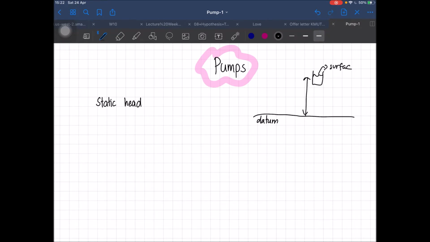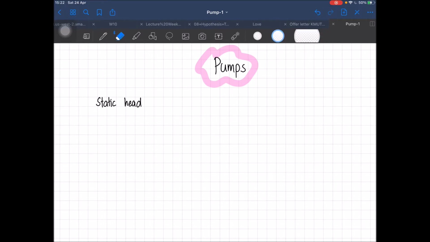I will give you a specific diagram for this terminology. Static head has the abbreviation capital H, H stat. Don't get confused, because we have a lot of H's in pumps, like head and head loss, but static head must be the capital H because it's the biggest thing here. And we have the static suction head.